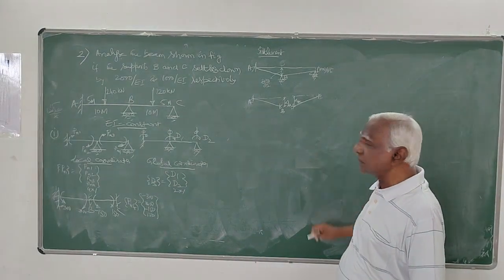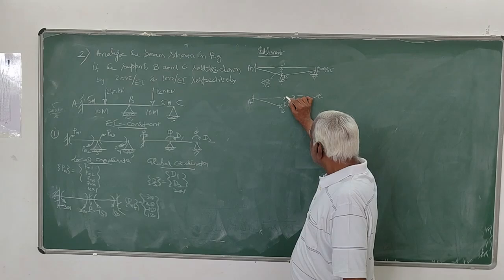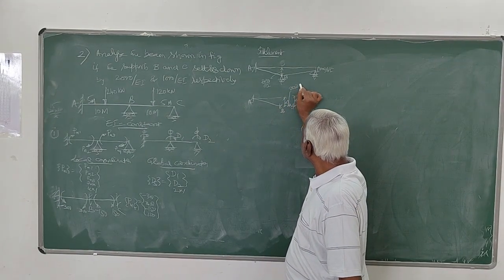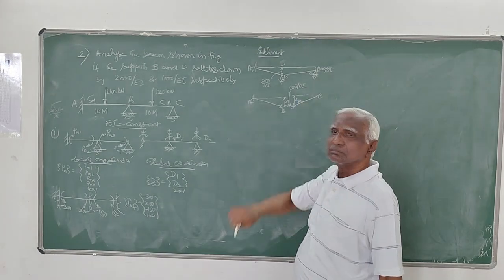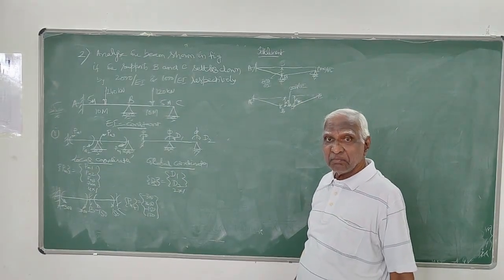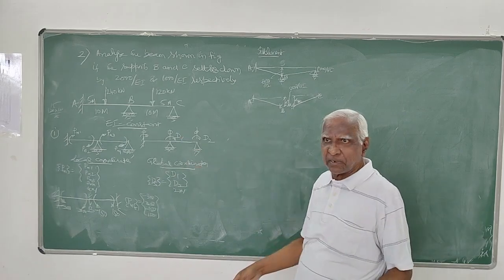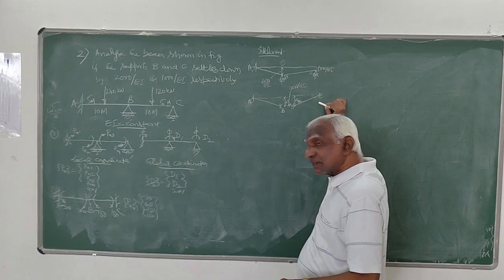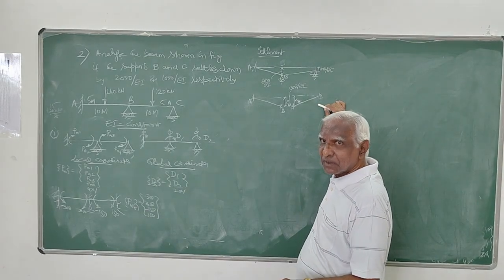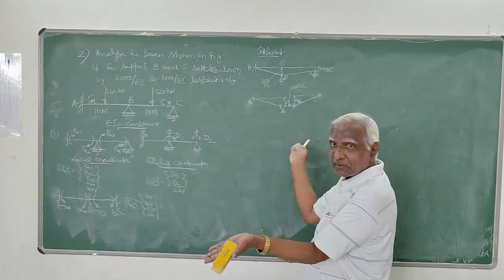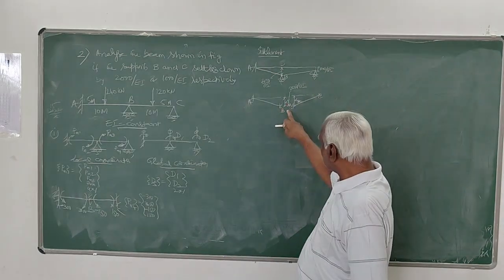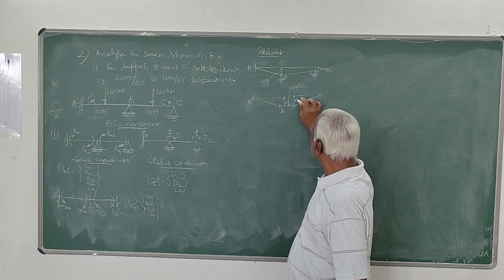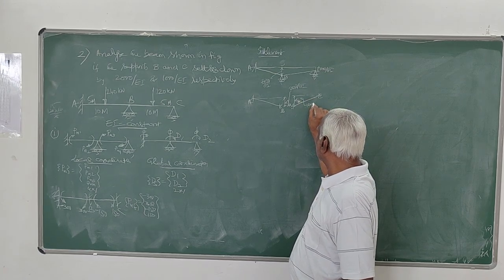What is delta BC? Delta BA is nothing but 2000 by EI. What is delta BC? It is the relative displacement we are talking about. So this is 2000 by EI, this has come down by 1000. So the net relative displacement is 2000 by EI minus 1000 by EI. So this will be 1000 by EI.